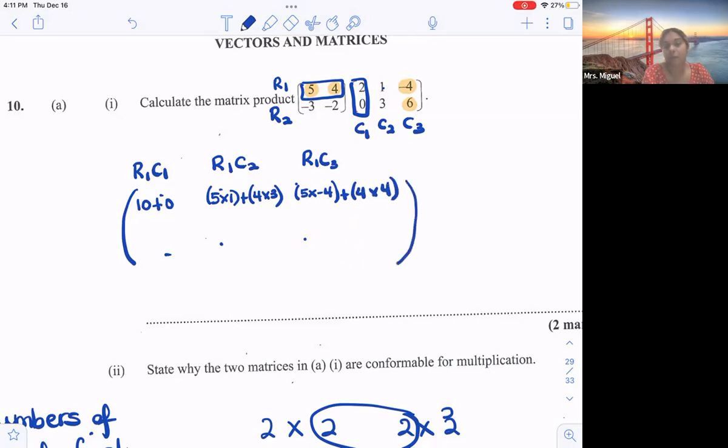Now, I'm going to stop there and I want you to multiply row 2 by column 1, row 2 by column 2, and row 2 by column 3. So you try it, and we multiply corresponding elements. First element with first element, second element with second element. So try it.